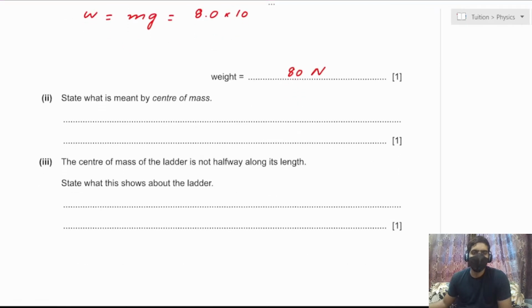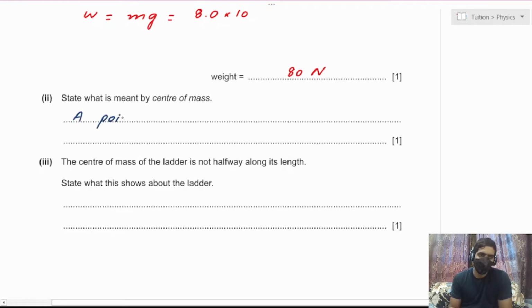All right, the next one that we have is center of mass. State what is meant by center of mass. It's a quite popular question, right? There is a straightforward answer to that.